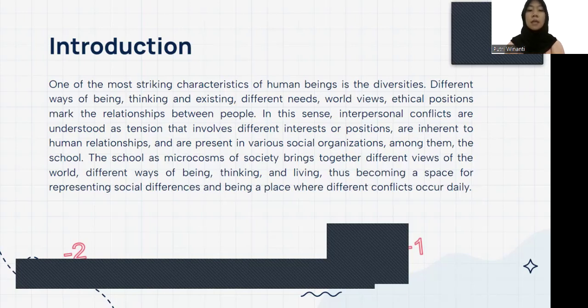The school, as a microcosm of society, brings together different views of the world, different ways of being, thinking, and living, thus becoming a space for representing social differences and a place where different conflicts occur daily.